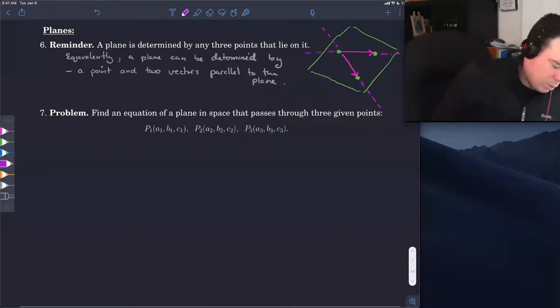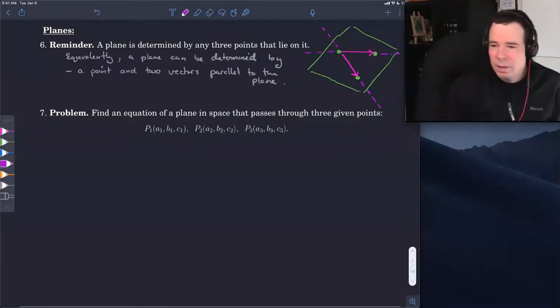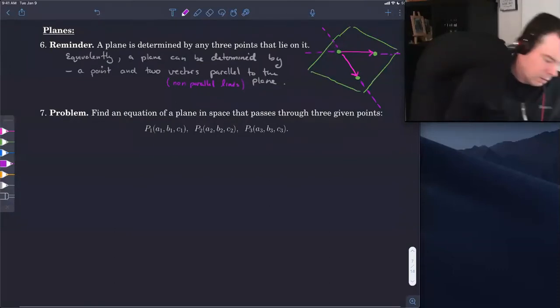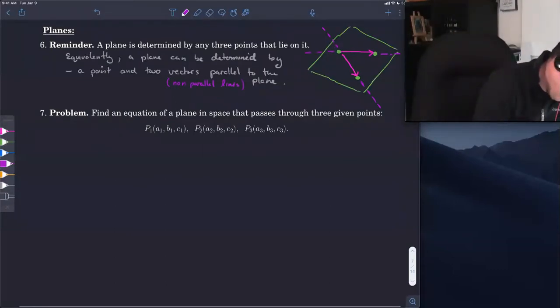Drawing from our discussion on lines, this is really saying that it's determined by a point and two vectors parallel to the plane, or, I'll put in parentheses, two non-parallel lines in the plane. I should really say a point and two non-parallel vectors as well.